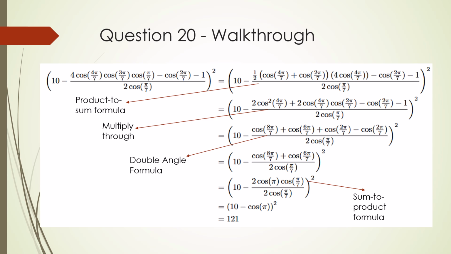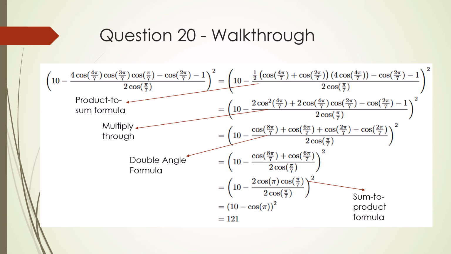And after I have done so, I notice that I can cancel out the cosine 2 pi over 7, and I am left with a cosine 8 pi over 7 and a cosine 6 pi over 7 term. Lastly, I combine this using my sum to product formula, right? And I get 2 cosine pi times cosine pi over 7. And then in the denominator, I have another cosine pi over 7. So what happens is these nicely cancel out, and I'm left with 1 cosine pi at the very end.